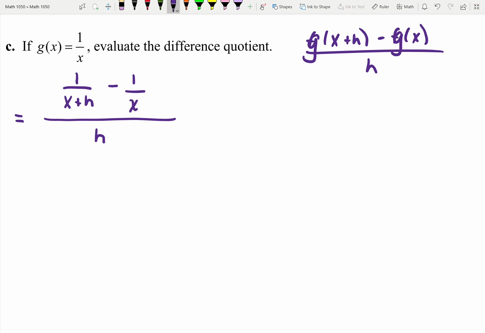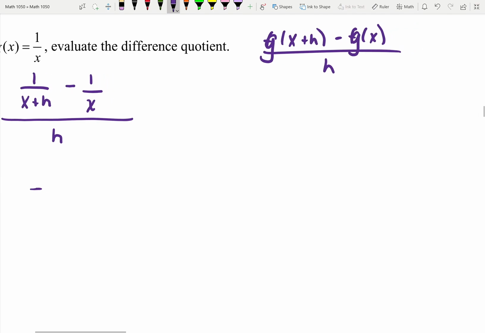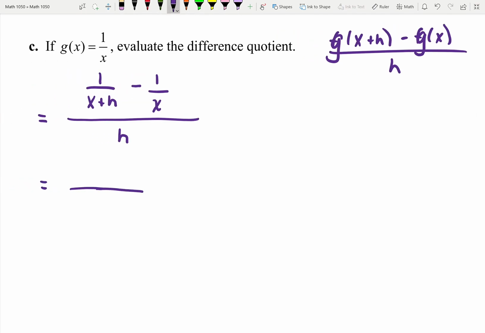Because now I do not write this as a division symbol yet. The reason is because I don't have a common denominator on the top. I'm trying to add these two together right here, and I can't do it right now because I don't have a common denominator. Okay, so let's just put the h on the bottom.